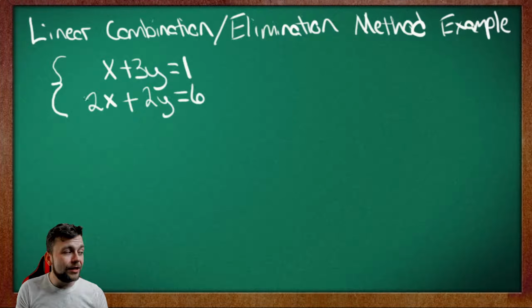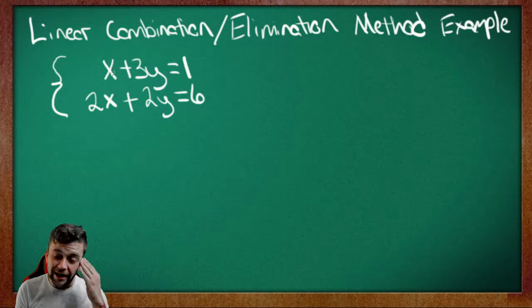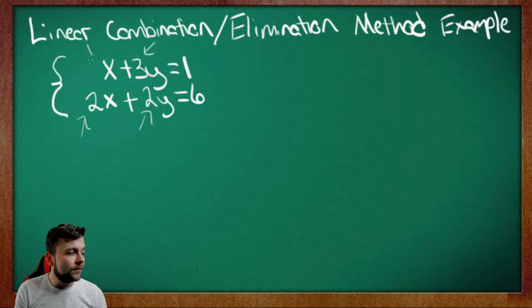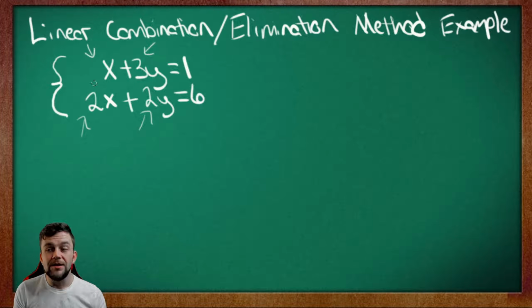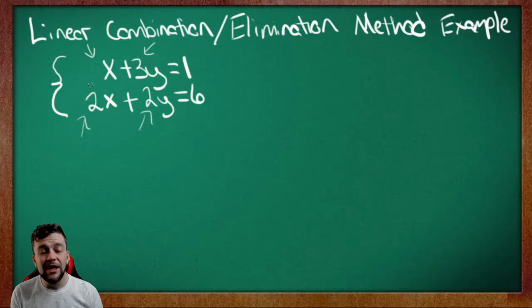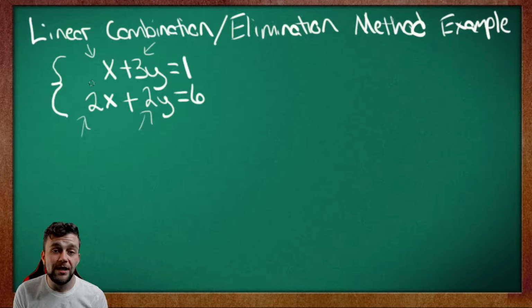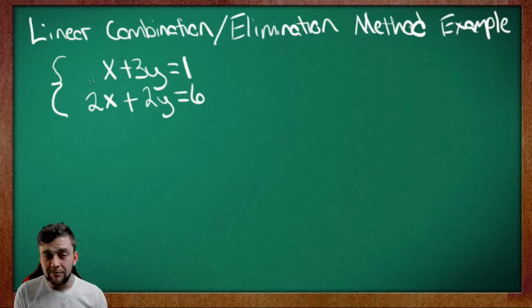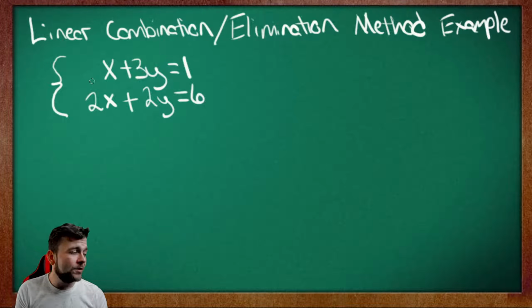Now, how I'm working this problem in my head right now: I see the coefficients, the numbers in front of the letters. What number is in front of our x here? It's called an implied 1. There's an imaginary 1 there, we're just not writing it down. Why is that important?